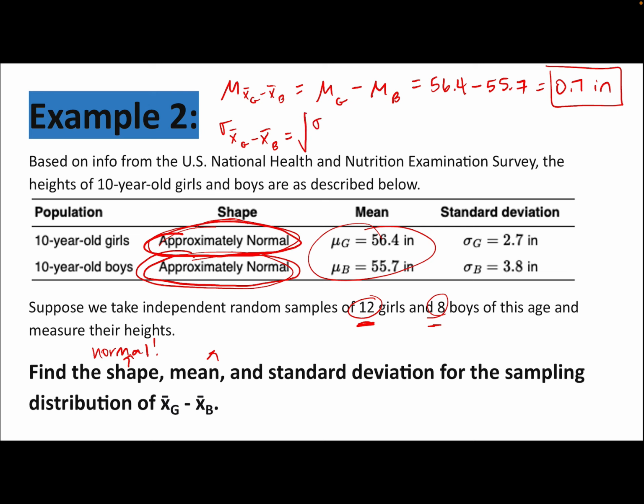says we're going to do square root of standard deviation of group 1 squared over sample size for group 1 plus standard deviation for group 2 squared divided by sample size for group 2. So if I plug in that info, for group 1, standard deviation was 2.7, this is the girls, squared over sample size for the girls was 12, plus standard deviation for boys was 3.8 squared over sample size for boys.